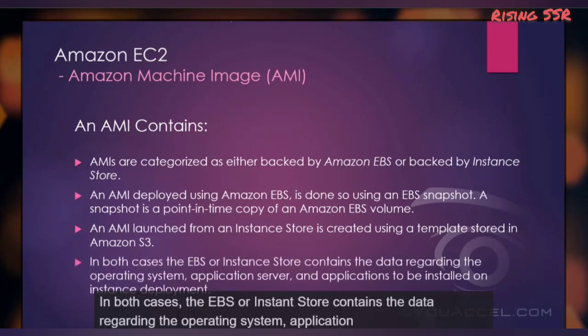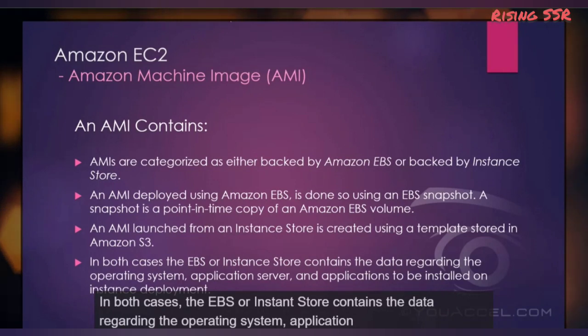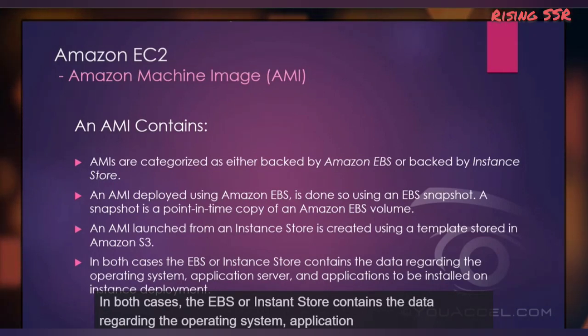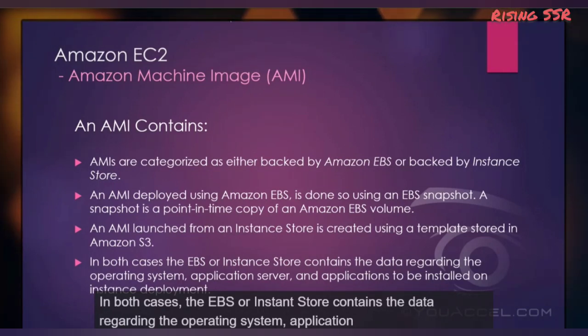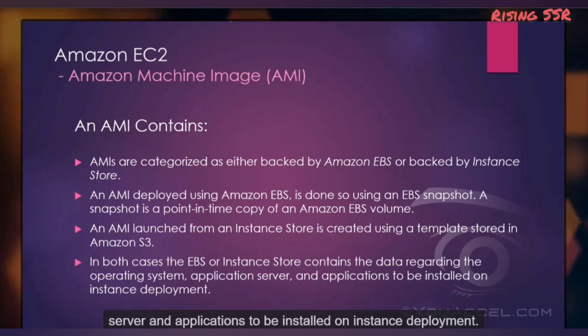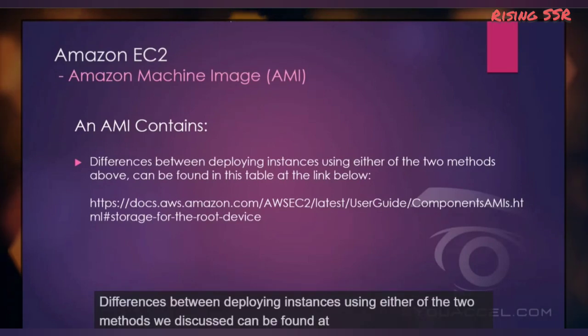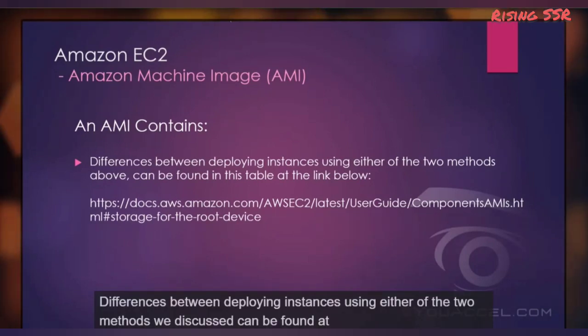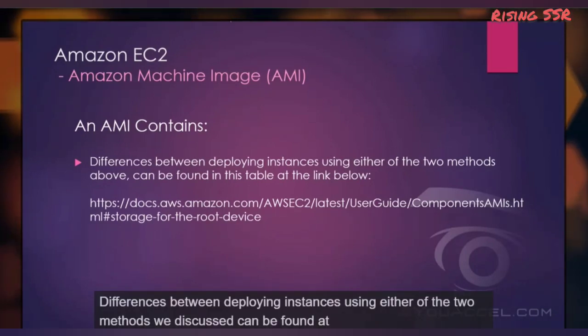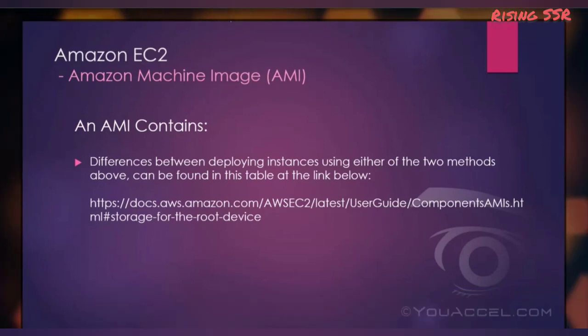In both cases, the EBS or instance store contains the data regarding the operating system, application server, and applications to be installed on instance deployment. Differences between deploying instances using either of the two methods we discussed can be found at the following link.